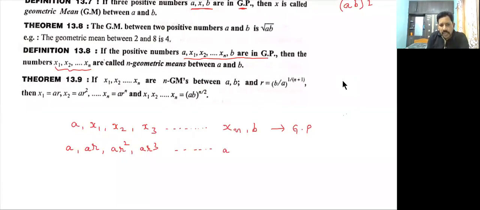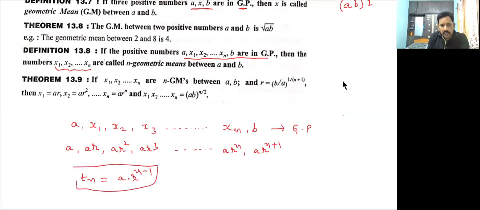Xn means A into R power n, and B means A into R power n plus 1. Actually, the nth term in a GP series has the formula A into R power n minus 1.